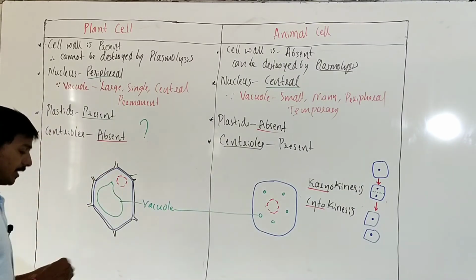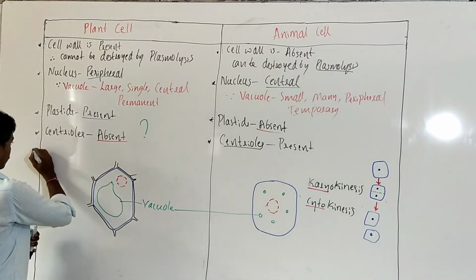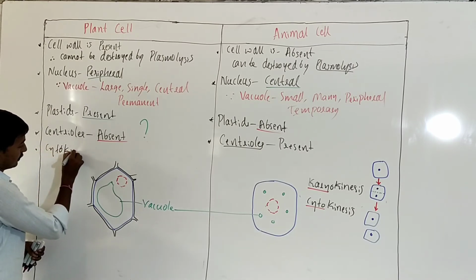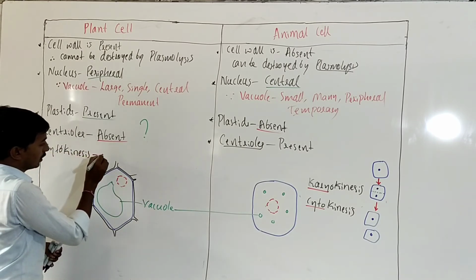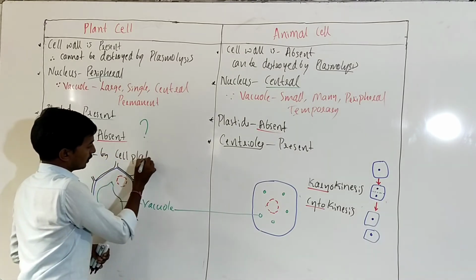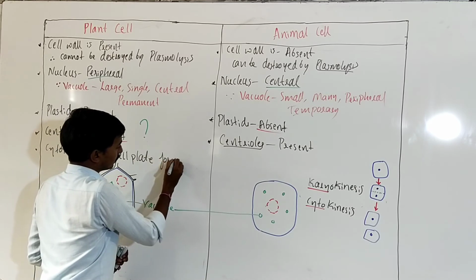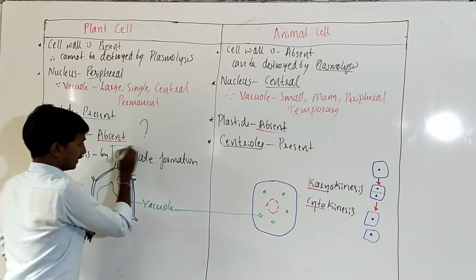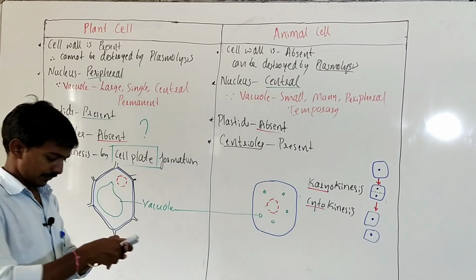Okay, first I'll write, then I'll go for the explanation. In plant cells, cytokinesis is by cell plate formation.